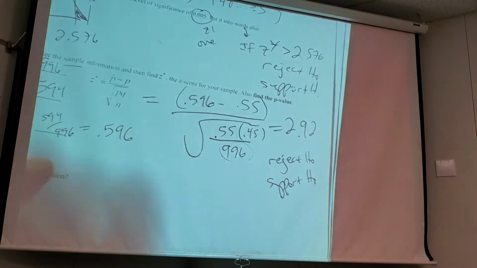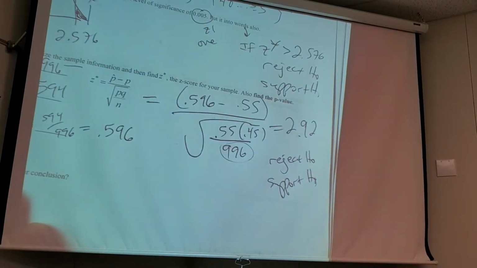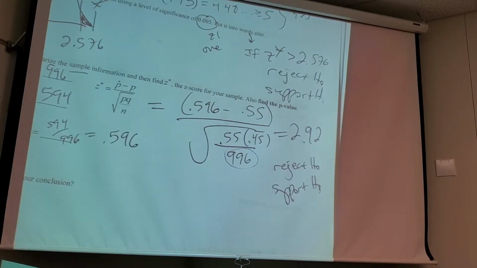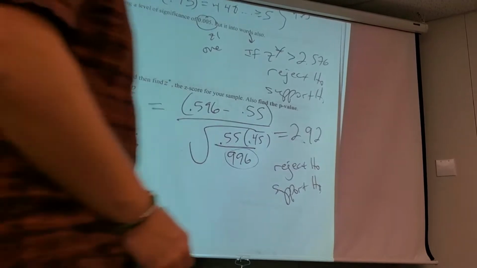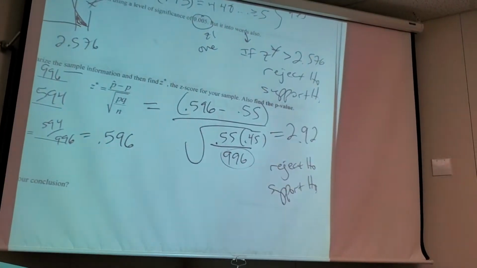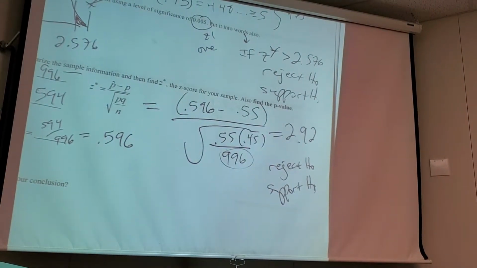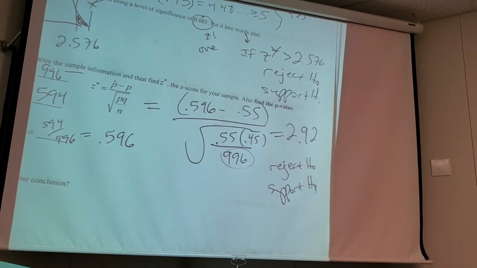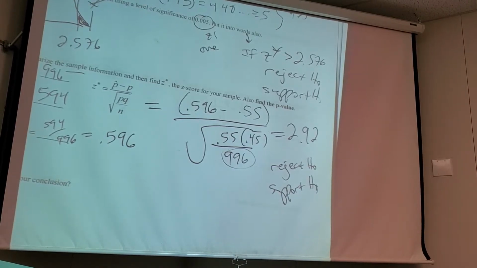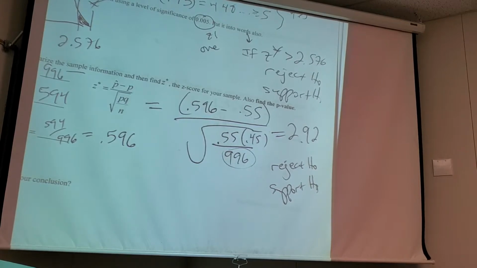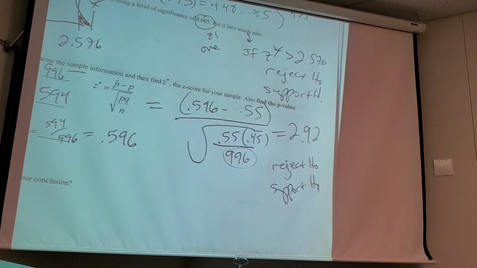I'm not getting the right answer in the calculator. I think I'm putting it in correctly. Oh, at the very beginning, you've got to put the top in parentheses, or else it's just going to divide 0.55. You want to divide that whole thing.